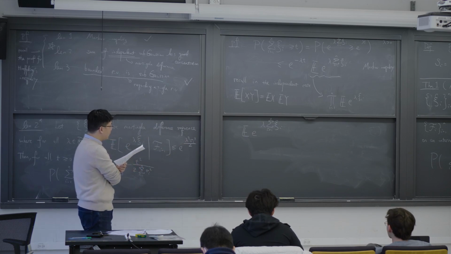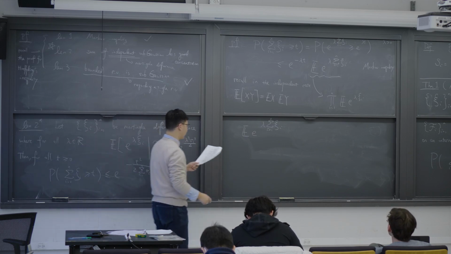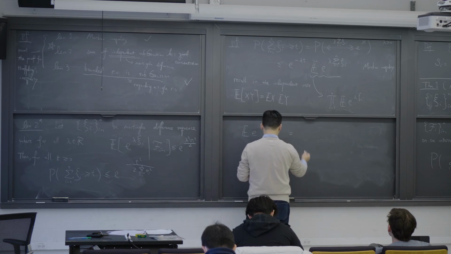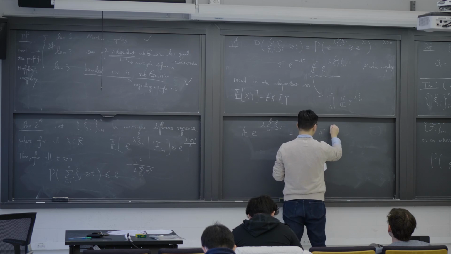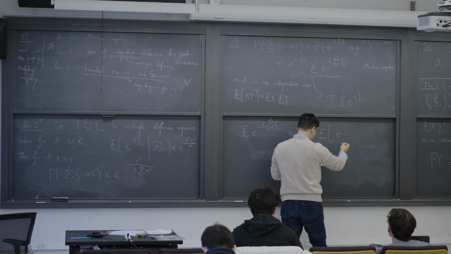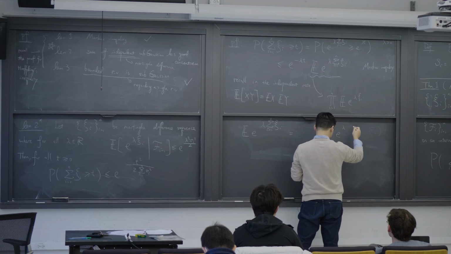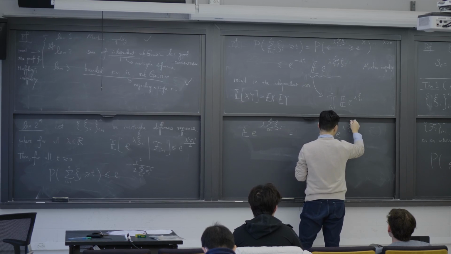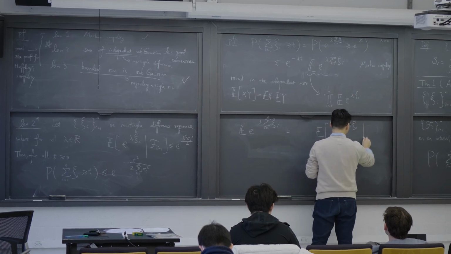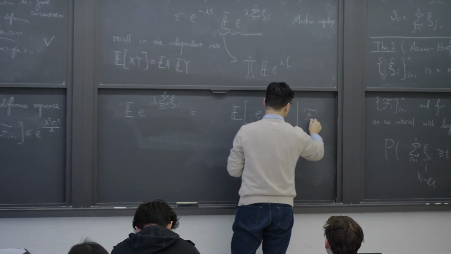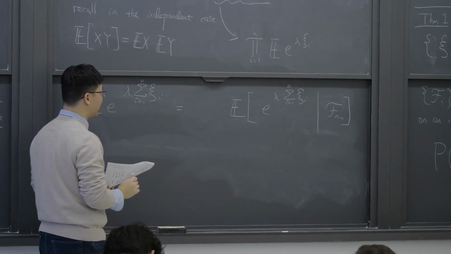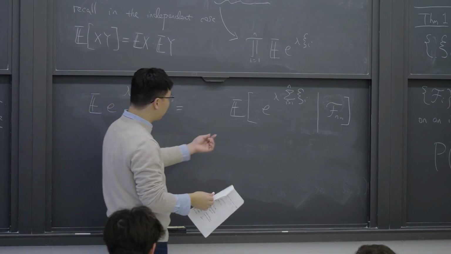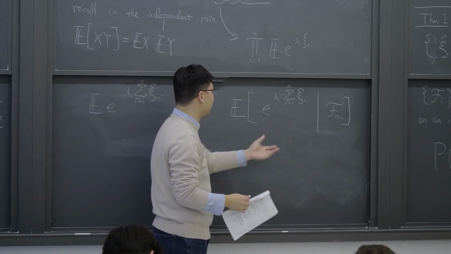So what we will do here is we will do the expectation in 2 steps. We will first take expectation over only the last randomness. Essentially, we condition on the history up to time n minus 1, and then we only take expectation over the very last randomness.